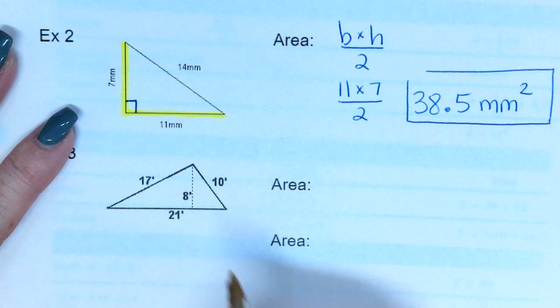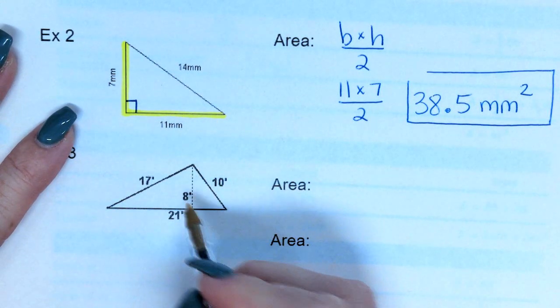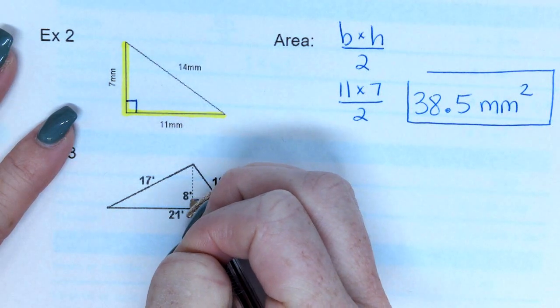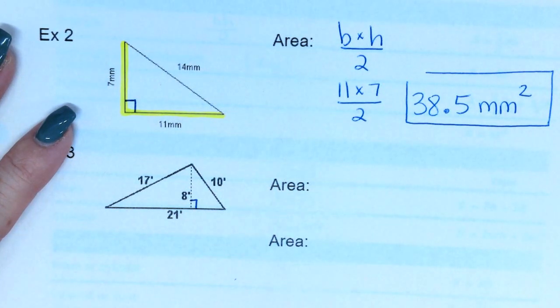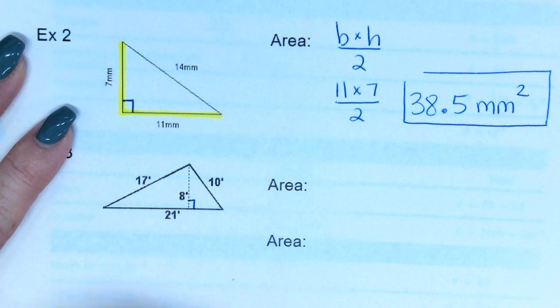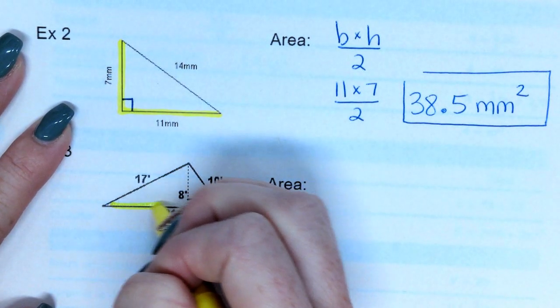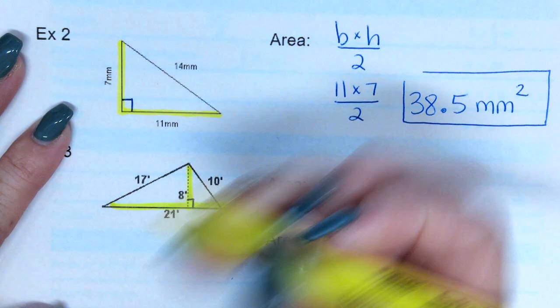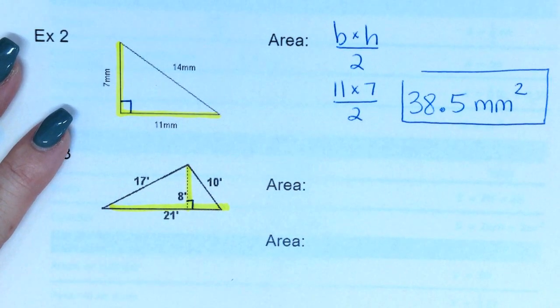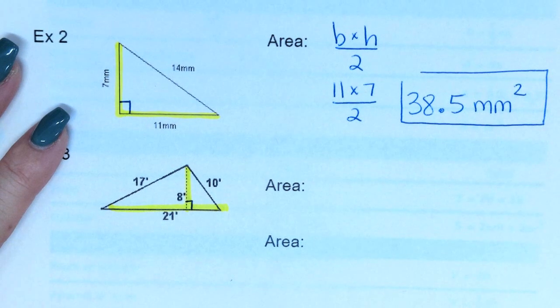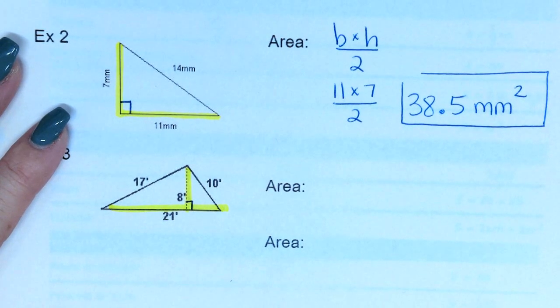So they provided you this number because look right here. What does this form? A right angle. Draw that, please. That means this is the base and this is the what? Height. They had to give you that extra number because that is the height of the triangle. Do y'all understand why?